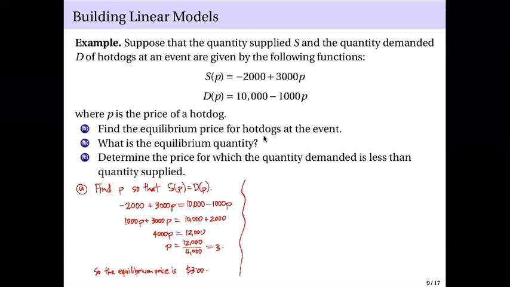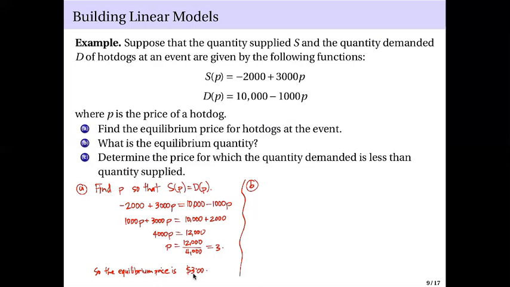For letter B, what is the equilibrium quantity? It's just the number of hot dogs available at P equals $3.